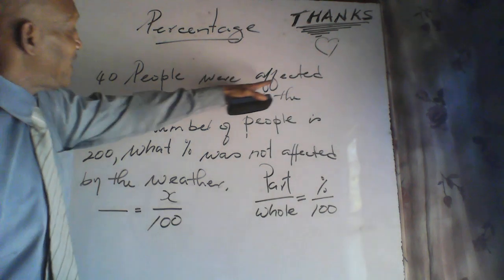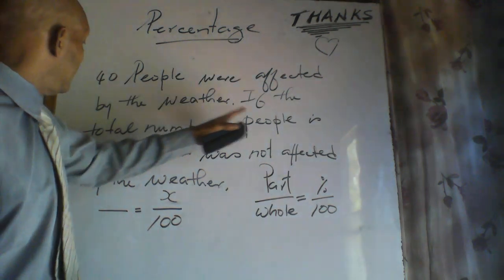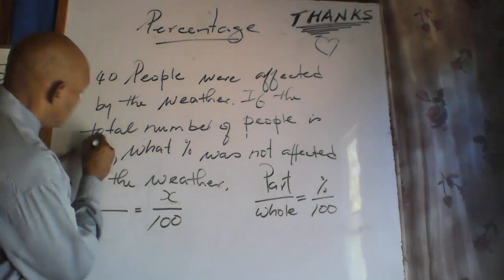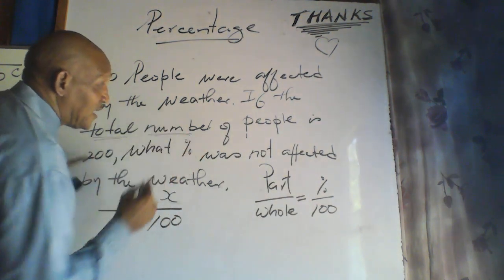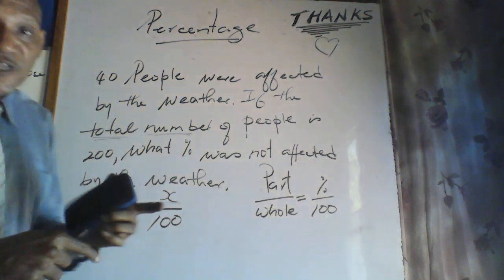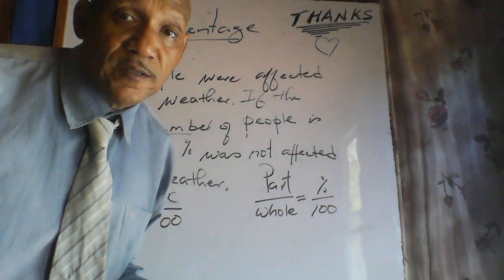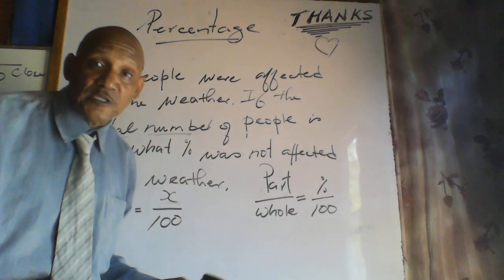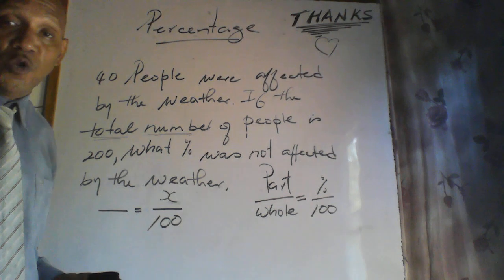What is the part and what is the whole? 40 people were affected by the weather. If the total number of people is 200, the total number is the whole. That's the whole amount, the total amount. The total is always the whole.